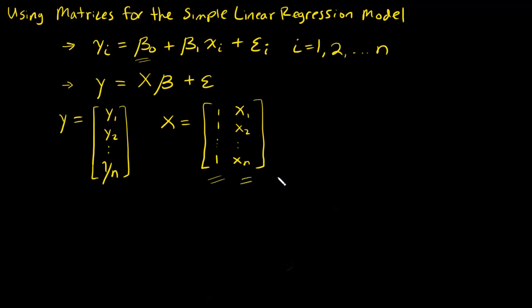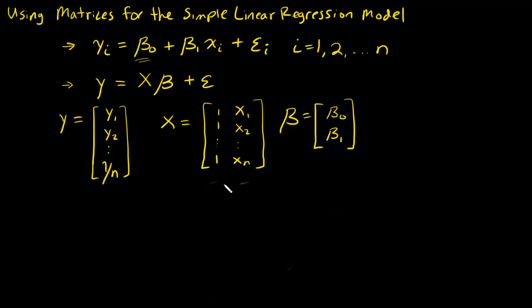Later, in multiple linear regression, we'll have a more complicated design matrix. Next we have beta, which is our model parameters: beta 0, beta 1. And again, with multiple linear regression and a more complicated design matrix, there are going to be more beta terms as well.